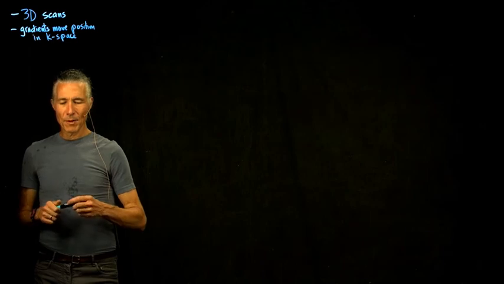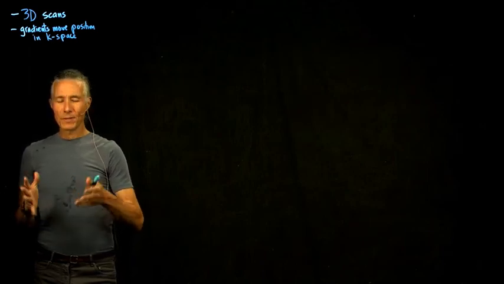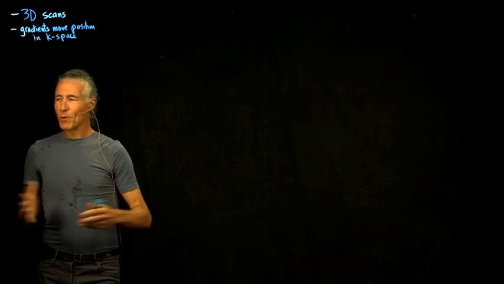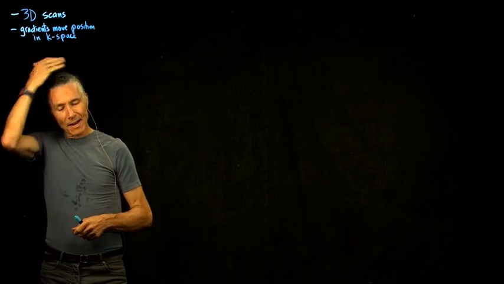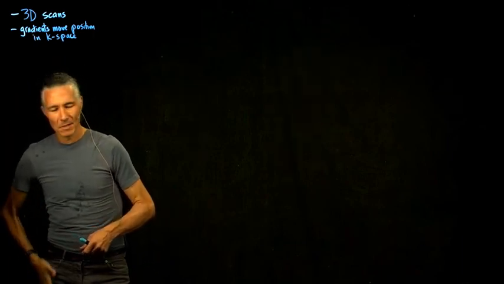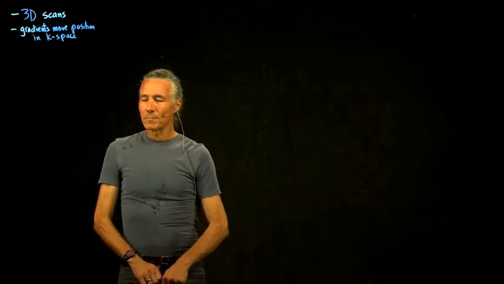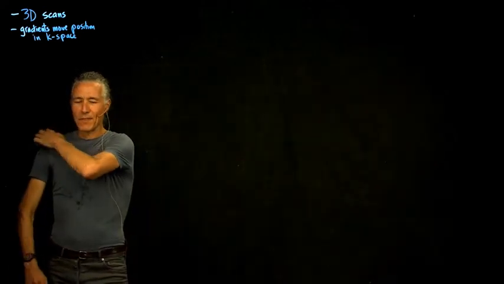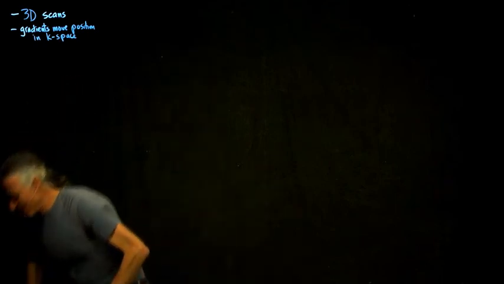I'll talk a little bit about motion, what the pulse sequences look like, how big your volume is, and how it's represented on the scanner. But before I do that, I'll go back over what we did very quickly in 2D.